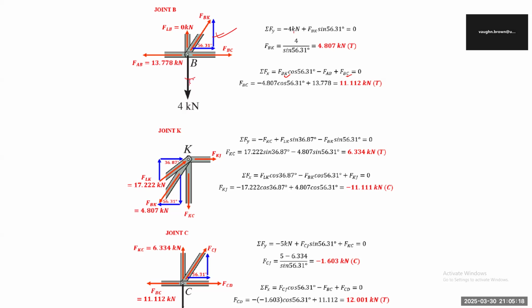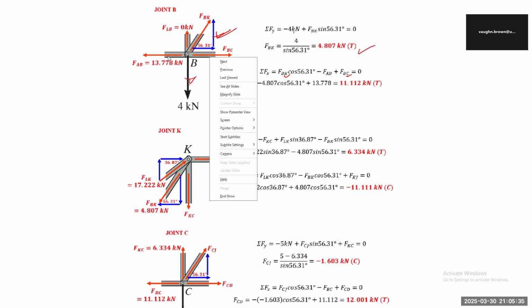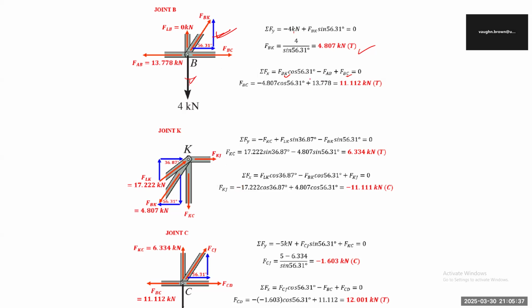This is sine, so it's FBK sine 56.1, and you just substitute in, transpose, and you get that value. Then you go ahead and write the horizontal one, which is going to be one component positive here, one minus.